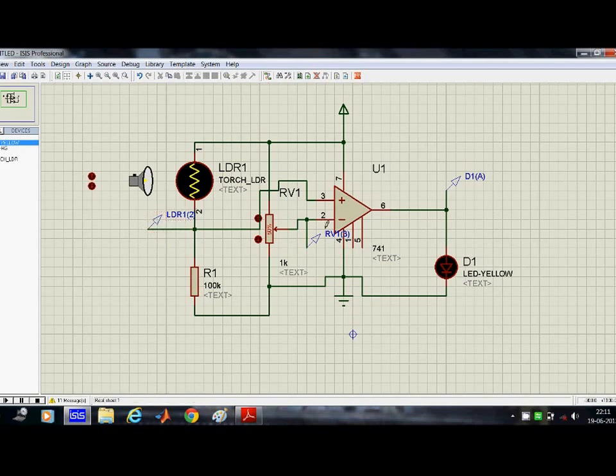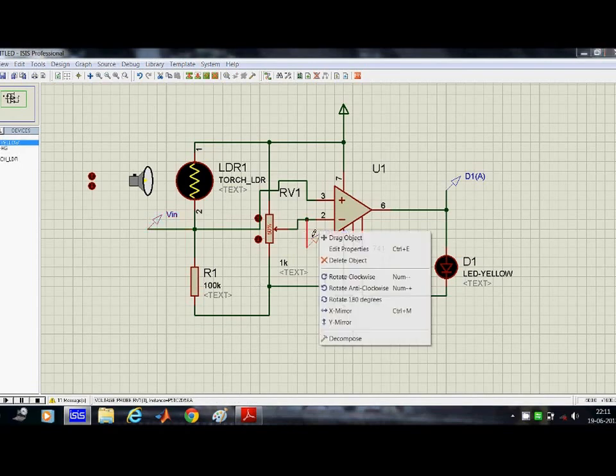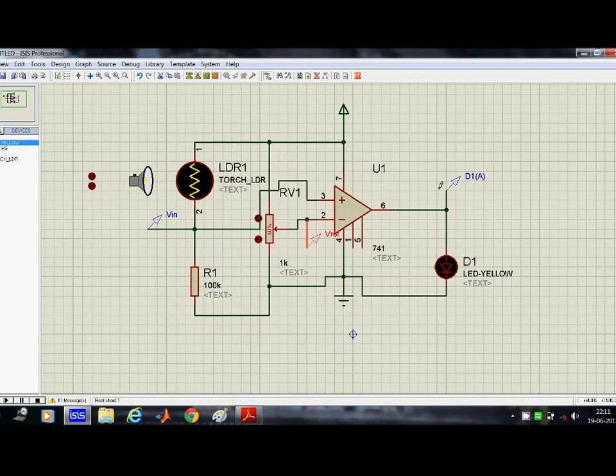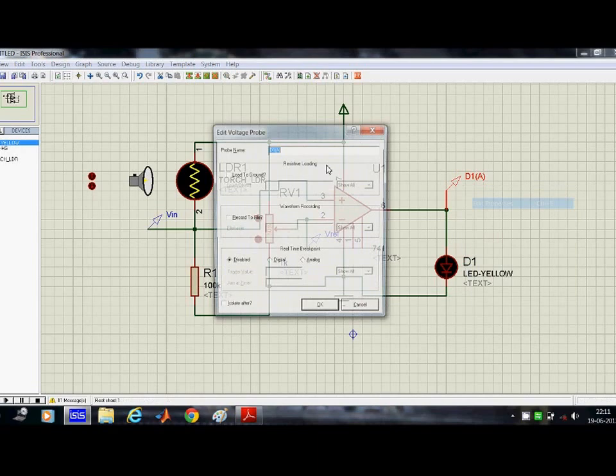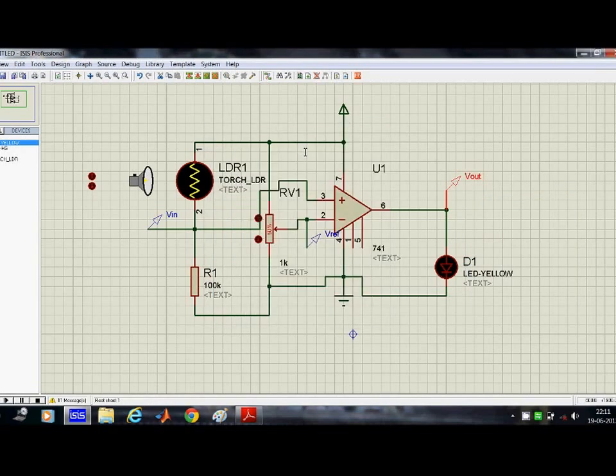So you will see here the voltages. If this V in is greater than this V ref, so let's label it. This will be V in, this will be V ref, this will be V out.